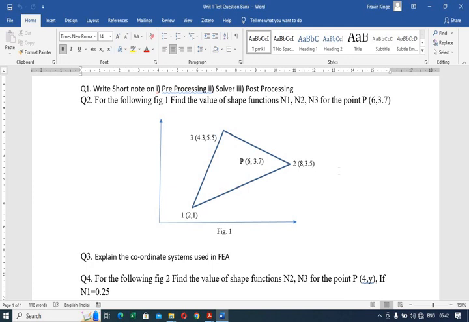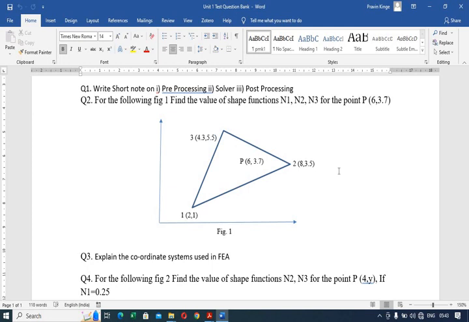The third stage is post processing. In the post processing, mainly the results are displayed in graphical format. Different color codes are provided for the stress and displacement values.